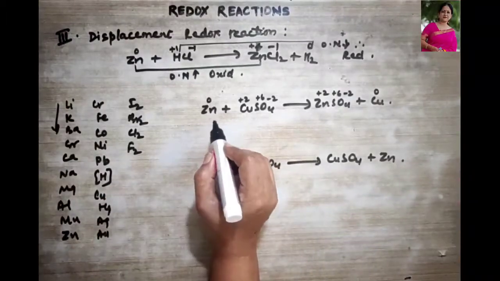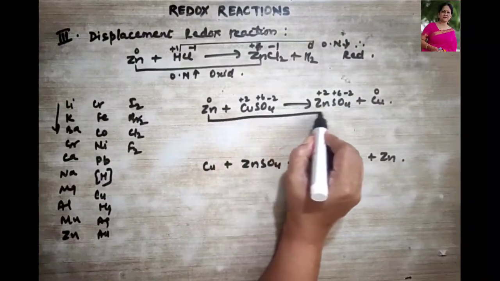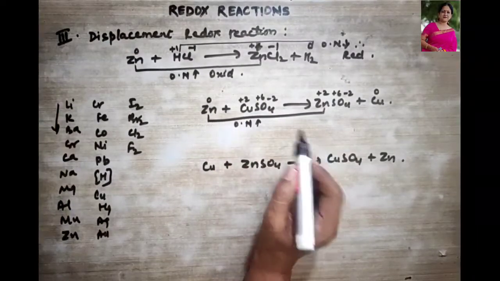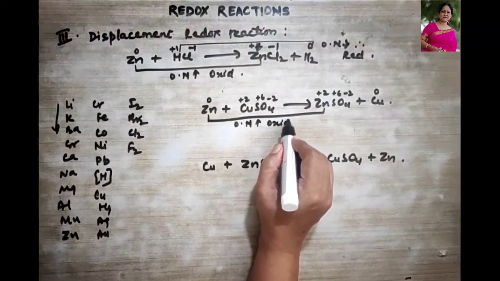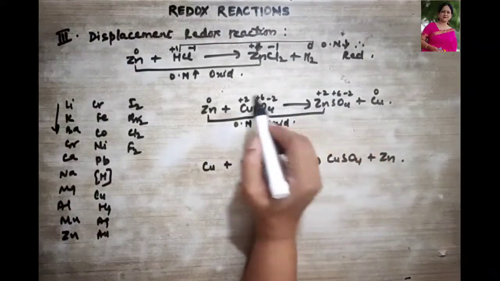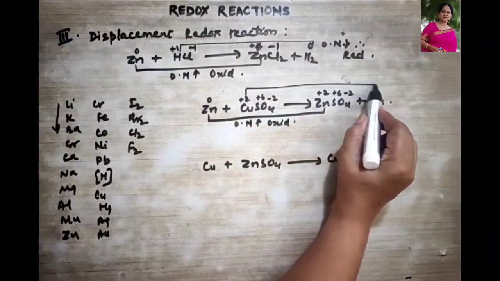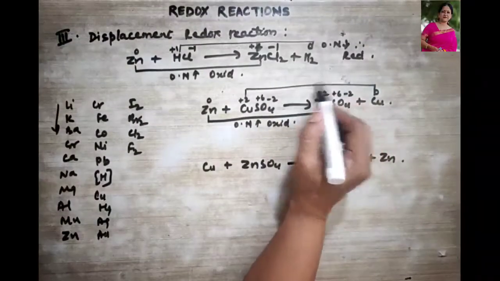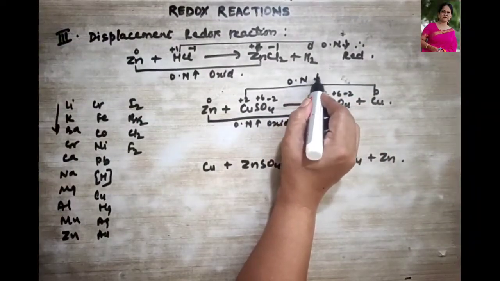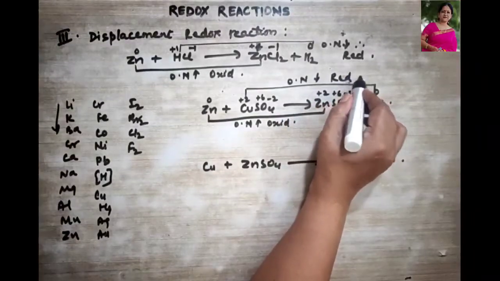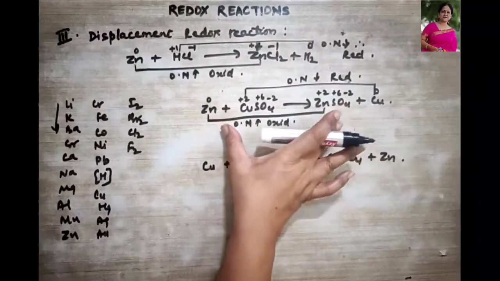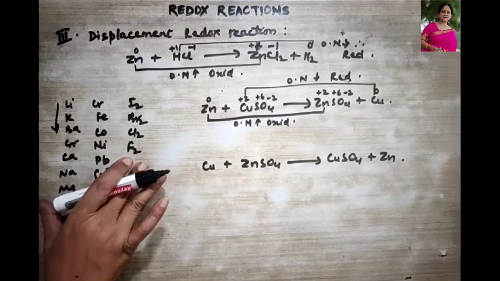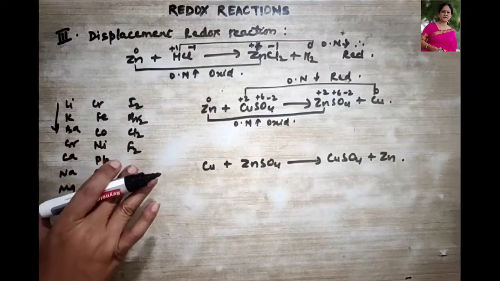So now what do we see? From 0 to +2, that means oxidation number has increased, so it shows oxidation. Whereas if you look at copper, what has happened? From +2 to 0, the oxidation number has decreased, so it shows reduction.